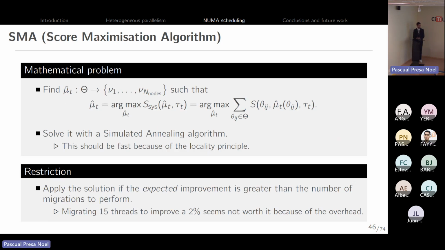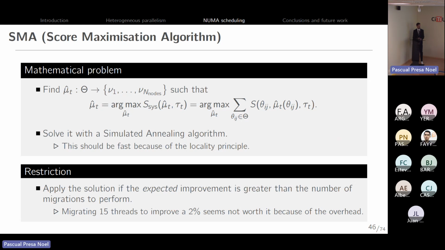Our mathematical problem can be simplified to this one. We have to find a mapping such that maximizes the global score of our system. And this is a combinatorial problem that we solve with a simulated annealing algorithm.